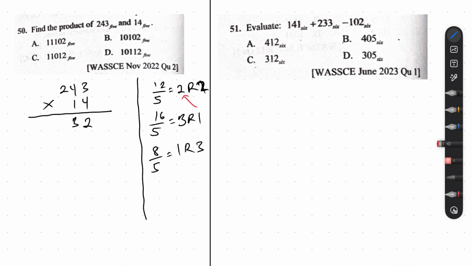So we have 3 plus 3, which is 6. It's supposed to be written over here, but we can't write it because it's greater than 5, so it cannot be in base 5. You need to change that to base 5. So 6 in base 5 gives us 1 remainder 1. So we write this remainder instead. That will be 1.